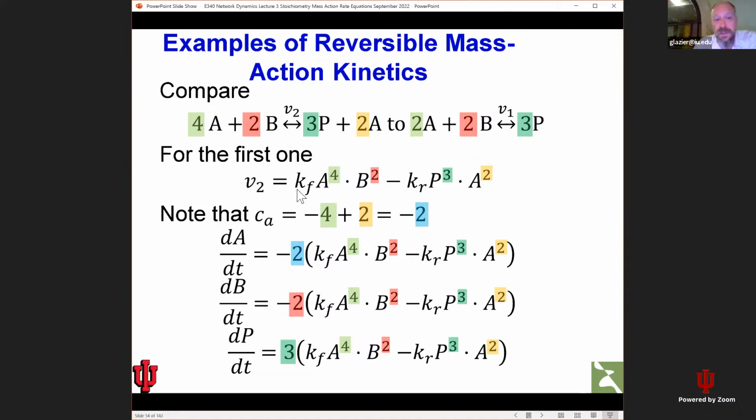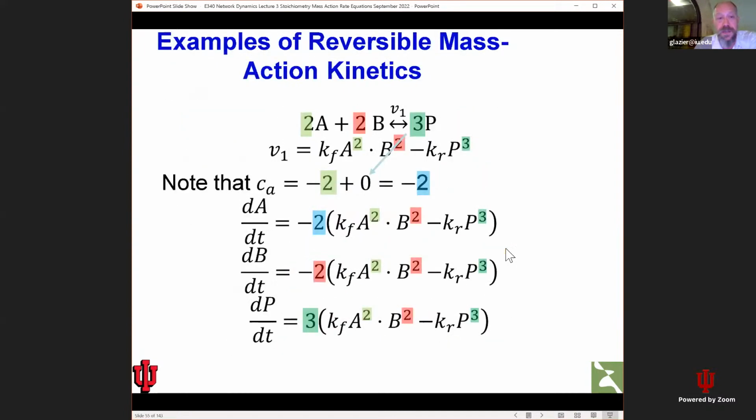And so V1 is kf times A to the 4th times B squared minus kr P cubed times A squared. And the coefficient for A is -2 on both. So I get -2 times kf A to the 4th B squared minus kr P cubed A squared.